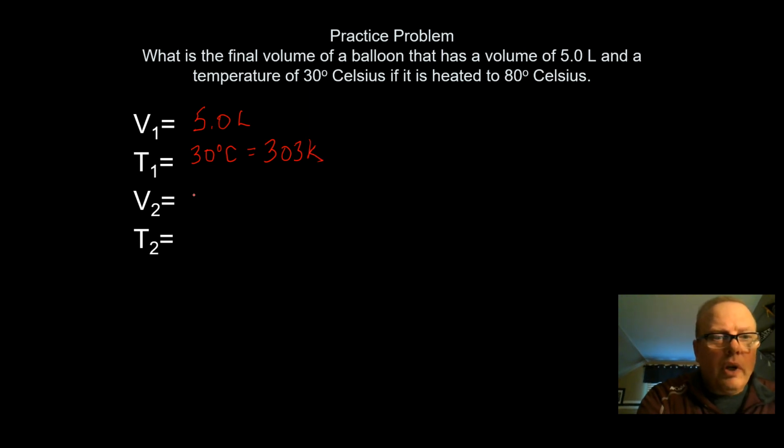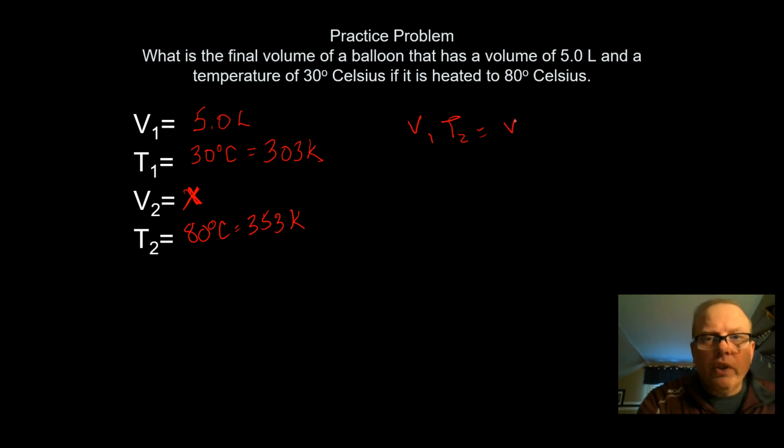V2 is the X that we're going to try and find here, so our X value. And then T2 is the warmer 80 degrees Celsius, which will be 353 Kelvin.